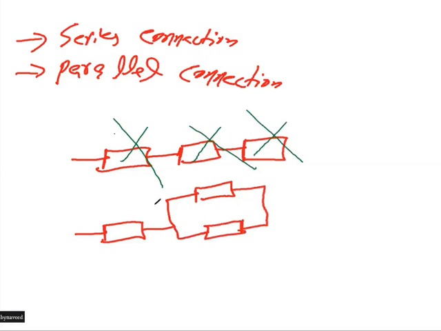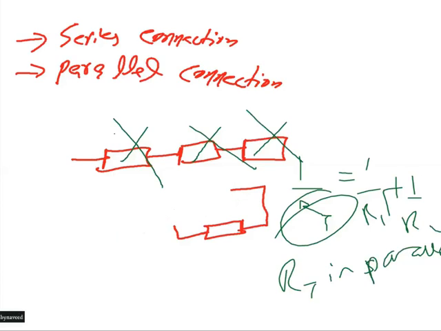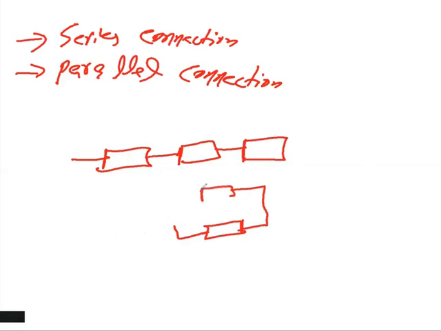And also in parallel, the total resistance is smaller because it's 1 over R total. So your total resistance is smaller than the smallest resistance.